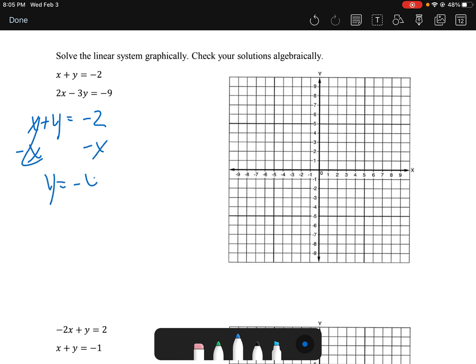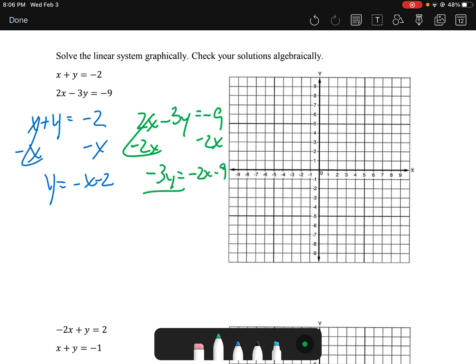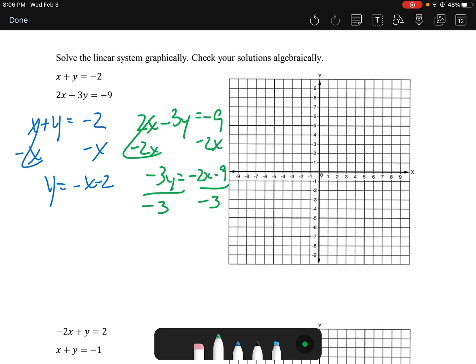Y is equal to negative x minus 2. And then for the second one, I'll start off by subtracting 2x from both sides, and then divide both sides by negative 3. You should get that y equals 2/3 x plus 3.